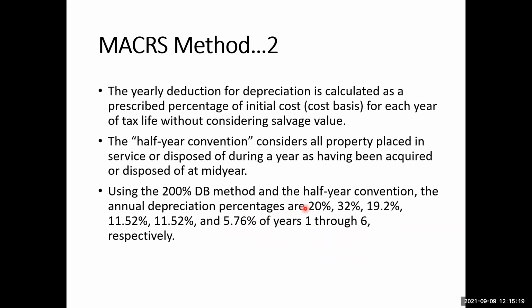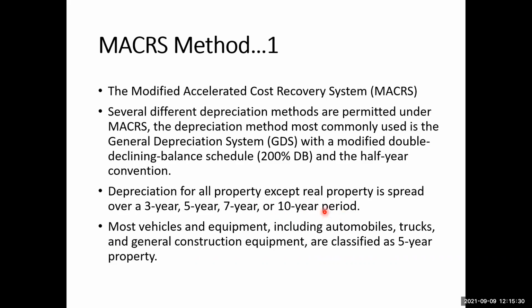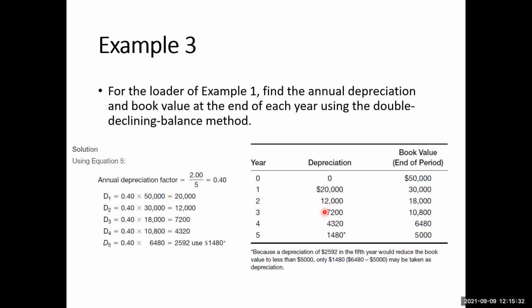So in the first year, you will depreciate 20%, and in the second year, you will depreciate 32%. Now you can see that if you consider these results from the perspective of the double declining balance method, the maximum depreciation takes place in the first year, and then it is gradually decreasing. Can you see it?